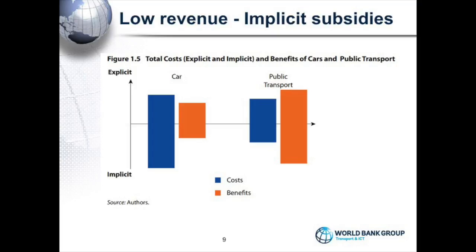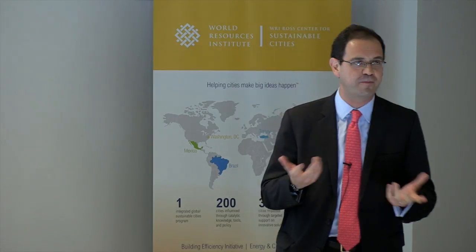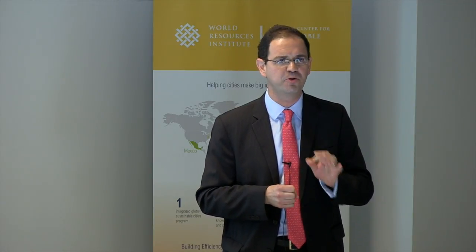But cars, let's think of the subsidies that cars receive. In many of the cities I visit in the developing world, cars are parked on the sidewalk. That's a subsidy, a terrible subsidy. The sidewalk is for pedestrians. Cars are not even paying, let alone for the cost of disrupting pedestrian flow. Fuel subsidies. And let's think of one of the most horrible costs that cars impose on others, congestion.